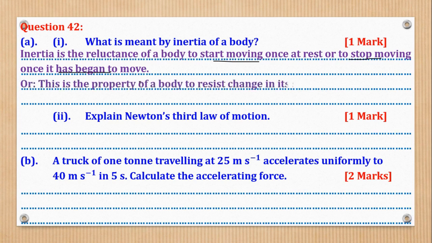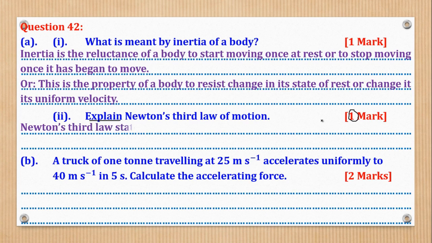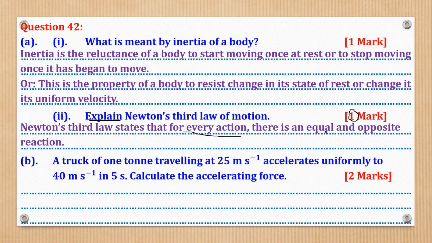Alternatively, you can say it is the property of a body to resist change in its state of rest or change in its state of uniform velocity. Any of the two is okay. Then Roman 2, explain Newton's third law of motion. Here they gave you 1 mark, meaning they only wanted you to state. So you say that Newton's third law states that for every action, there is an equal and opposite reaction. And you stop there.